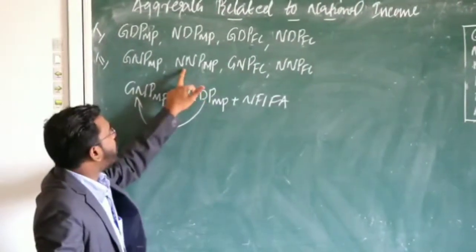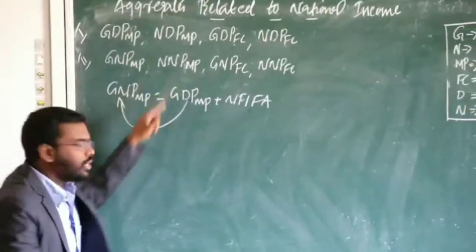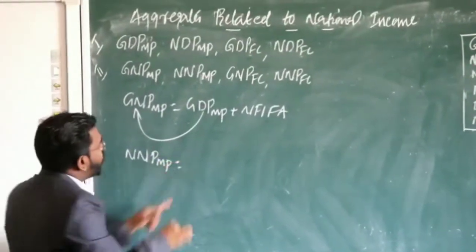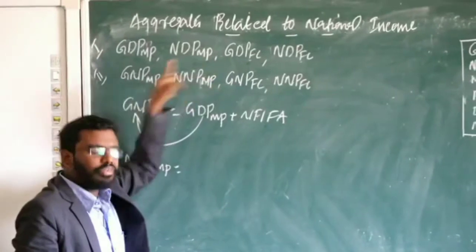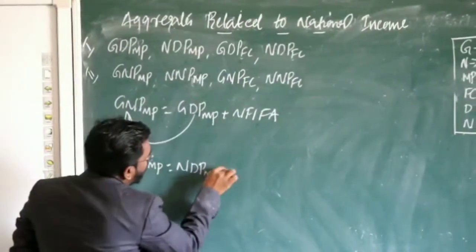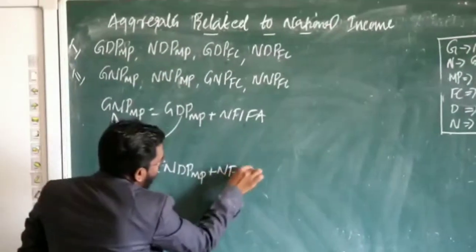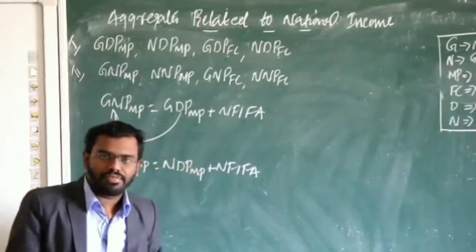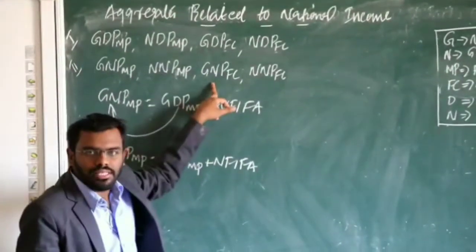Then how can we calculate NNP-MP? NNP-MP is equal to NDP-MP plus NFIFA. Next one, from GDP-FC we can calculate GNP-FC.